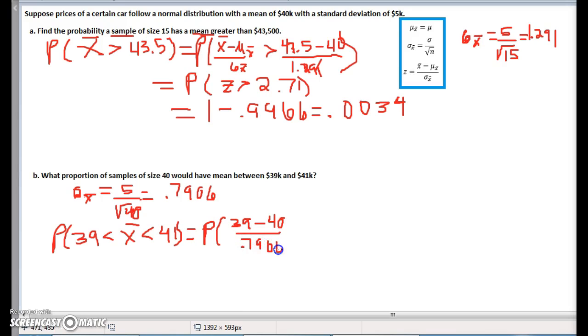is less than z, which is x bar minus mu sub x bar over sigma, less than, and then on this side it's just 41 minus 40, that's mu sub x bar, over our sigma sub x bar, which we just got.